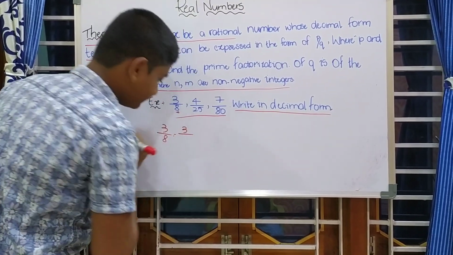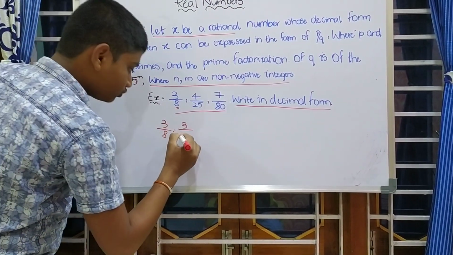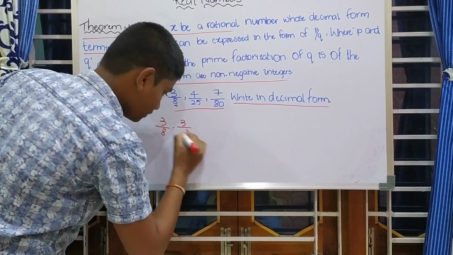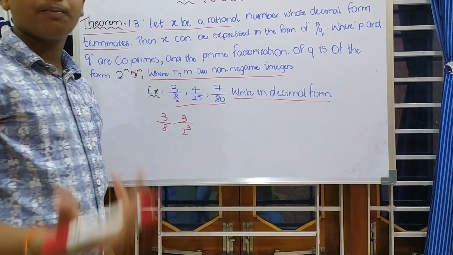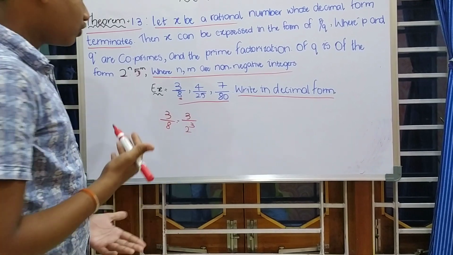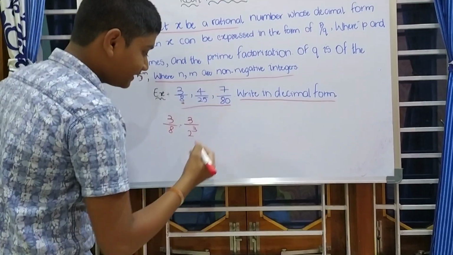3 by 8. In the form of powers of 2, 8 is 2 cube. Here we have only powers of 2, but there are no powers of 5. So when powers of 5 are not there, we have to multiply.